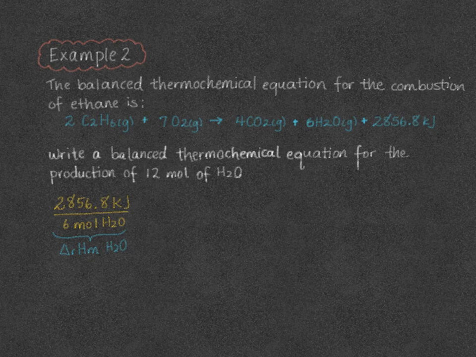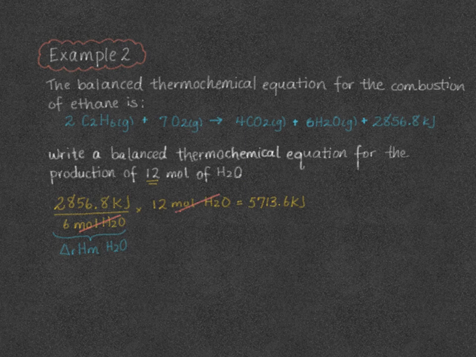So we have kilojoules per mole. And we're going to multiply that by 12 moles of H2O to get the energy change in that scenario. Our moles here will cancel. And we're left with 5,713.6 kilojoules.